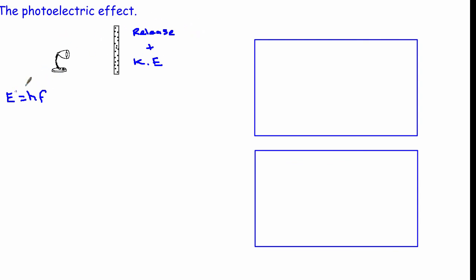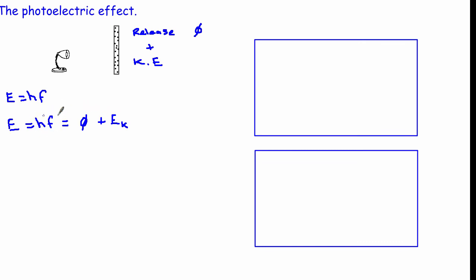So the energy of the photon is split into two now. It's the energy to release itself, which is basically our work function, plus the kinetic energy that it's got when it's moving away. So we write that like this. So the energy of the photon, which is equal to hf, is now equal to the work function plus the kinetic energy of our photoelectron. So the energy that we start off with is conserved.